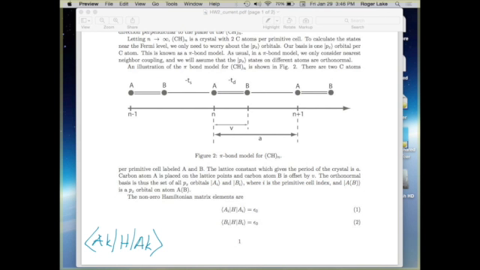You could do a next nearest neighbor, second neighbor model, third neighbor, fourth neighbor. Yes. So what are the advantages of doing that? It can give you a more accurate model, because in reality there are non-zero matrix elements between second neighbor atoms, but then it becomes computationally more difficult.